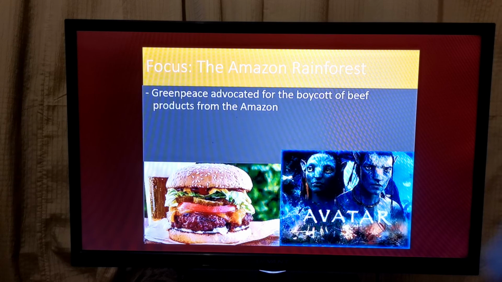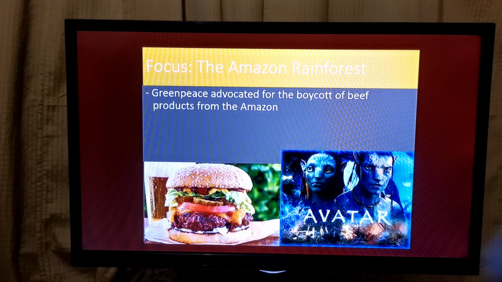So if you eat 4 burgers in a month, you are guilty of burning 1 square meter of the Amazon rainforest. And how many North Americans eat burgers? How many burgers do they eat in a day, in a week, in a month? And there are millions of North Americans eating burgers.